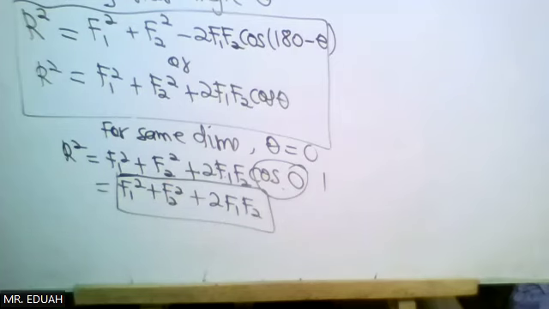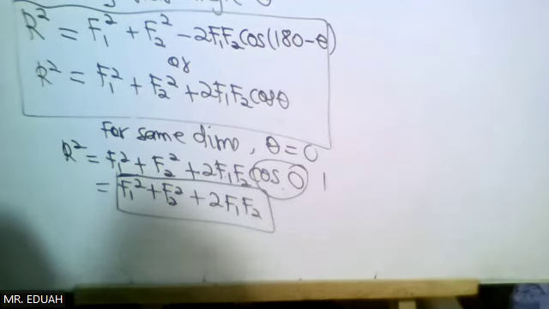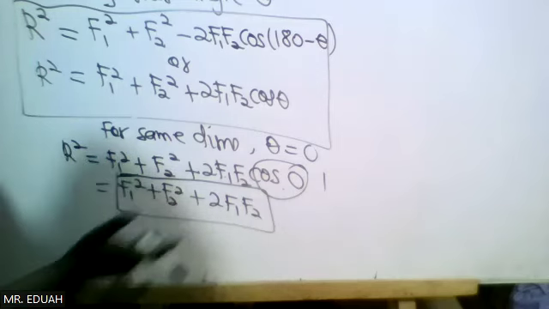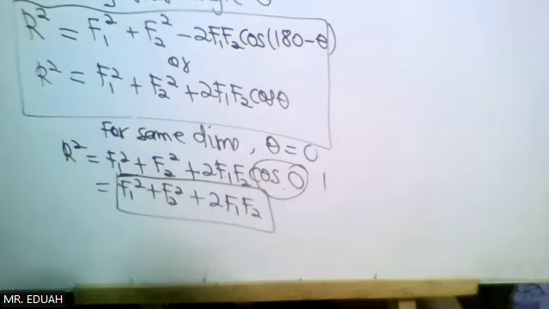What is F1 squared plus F2 squared plus 2 F1 F2? I mean, what is F1 squared plus this thing that I've put into the rectangular box? What is it? Do you have any idea?